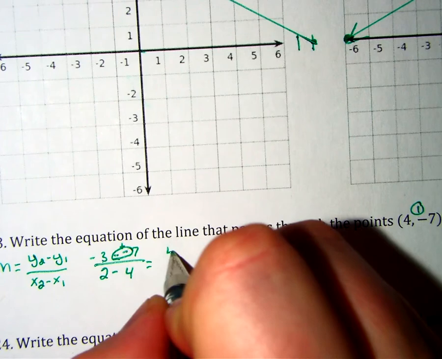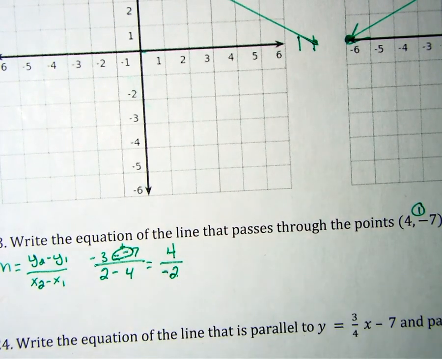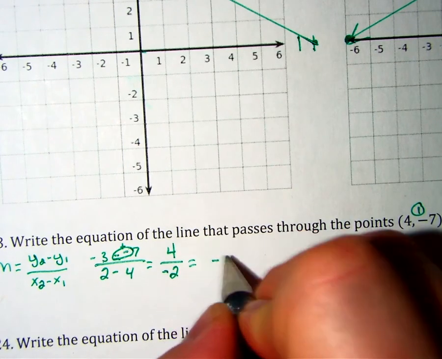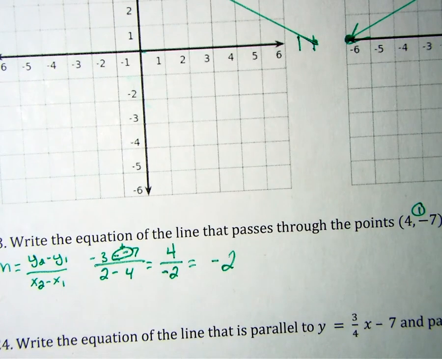So it's going to give me 4 over 2 minus 4, which is negative 2. Again, we do not have a negative in the denominator, so 4 divided by 2 is 2. Keep the negative. All that work to find out that our slope is negative 2.